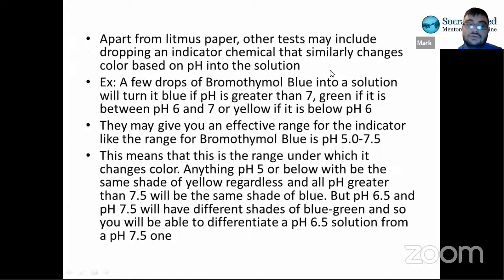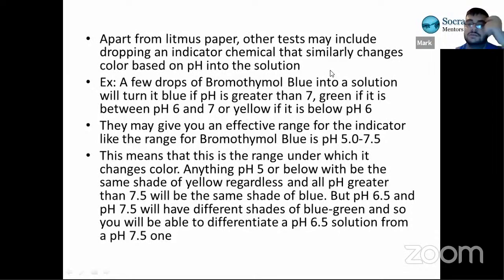If you dropped it into pH 2, it would turn the exact same shade of yellow. Therefore, just using the indicator, you wouldn't be able to tell the difference between a solution of pH 2 and pH 5. But between 5 and 7.5, it actually has various shades.